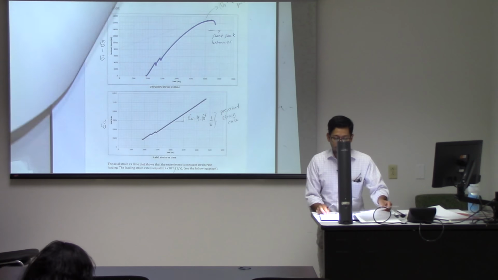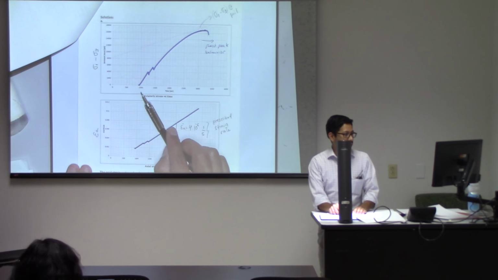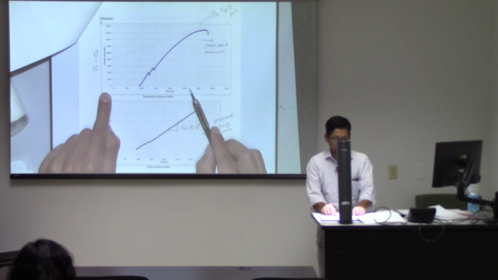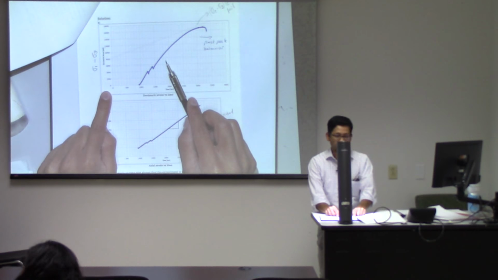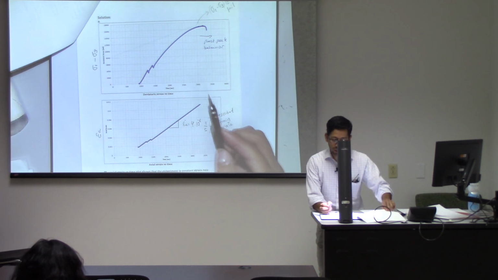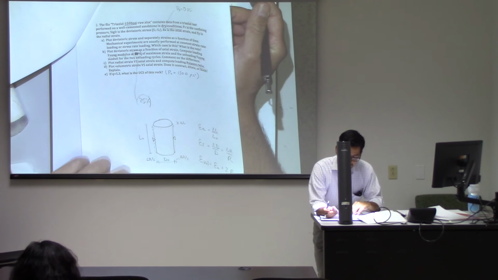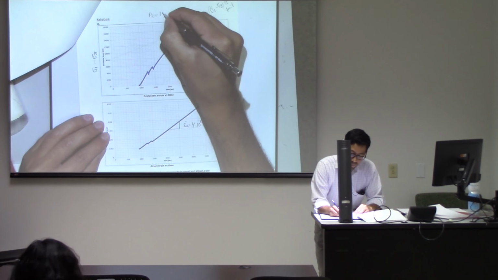So if you were to plot that, this is what you will see as a function of time. This is what the load cell measured. This is the deviatoric stress. And this was done at a confining pressure of 1500 psi.